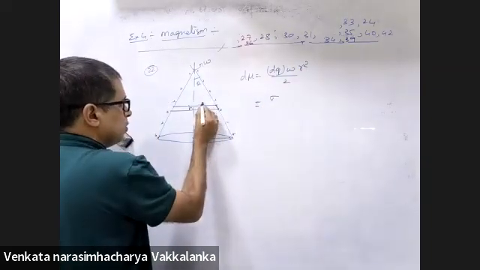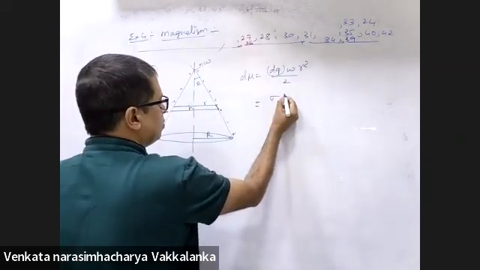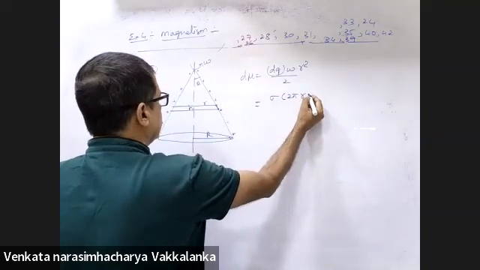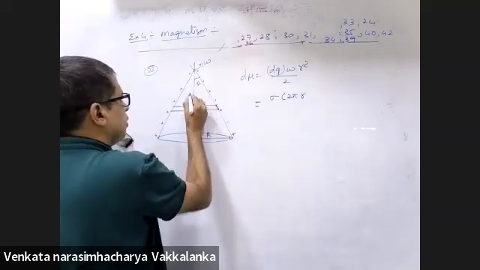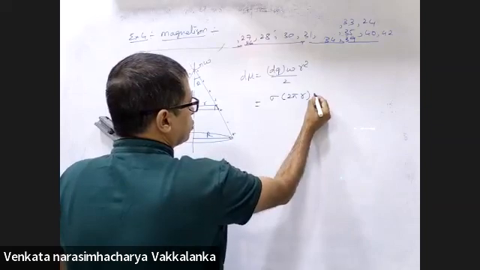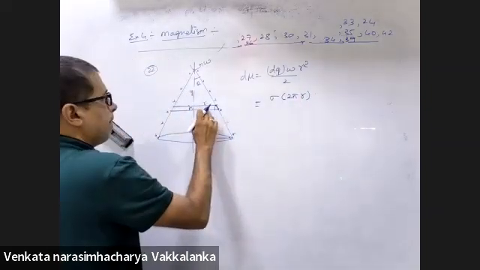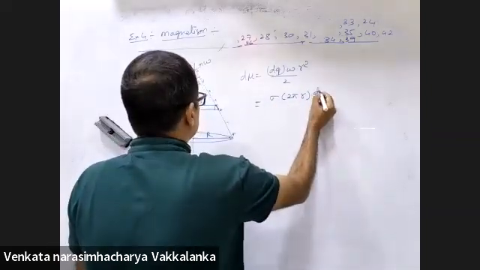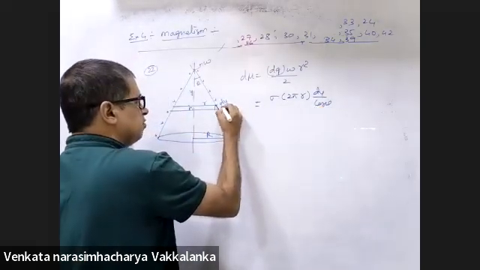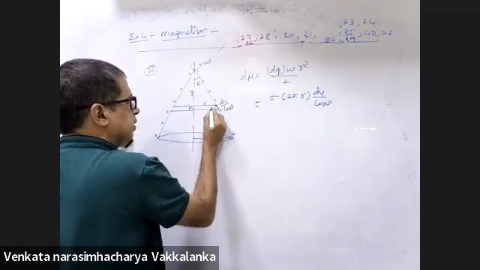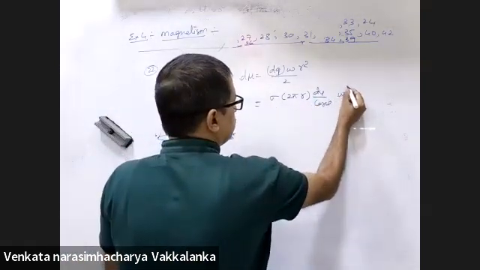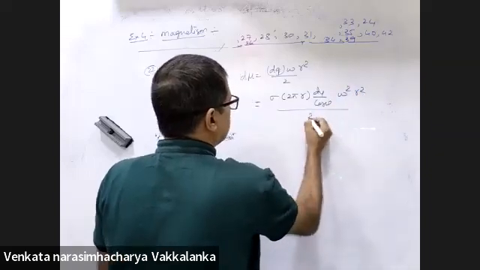Sigma into 2 pi small r into thickness dy by cos theta. You considered this as y, this as dy. This thickness is dy by cos theta. Am I right? This into omega r square by 2.